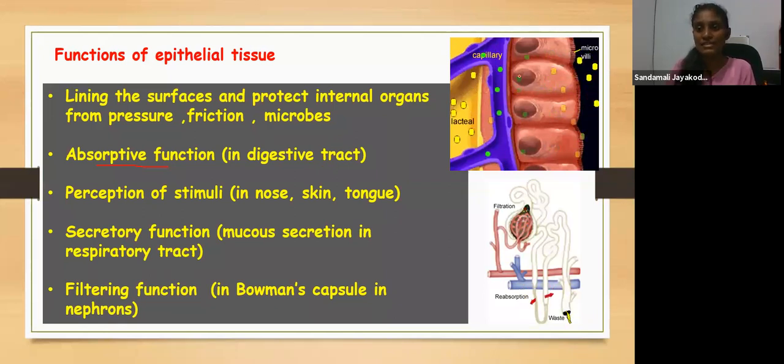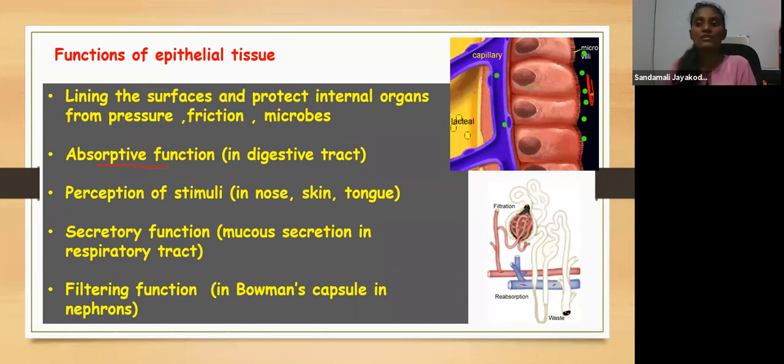Here you can see in this image, these red colored cells with some few small projections on them, named microvilli, are the epithelial tissue in our digestive tract. Here in this area, the middle area of the digestive tract, the digesting food is flowing.